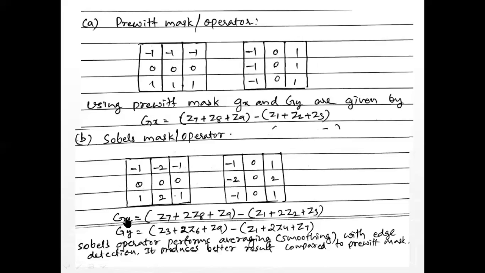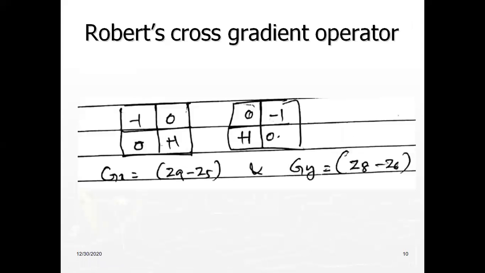This is how to calculate Gx and Gy using Sobel's mask. Once you calculate Gx and Gy, you can calculate the magnitude and the angle of direction. But remember, Sobel's operator performs better compared to the Prewitt mask. Then we have the third one, which we call the Roberts cross gradient operator.